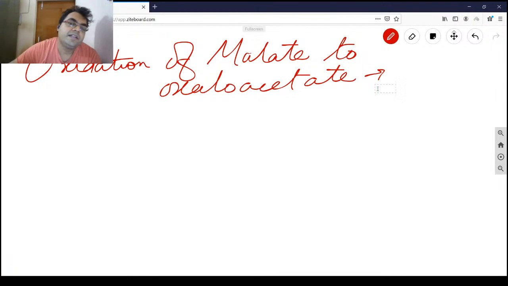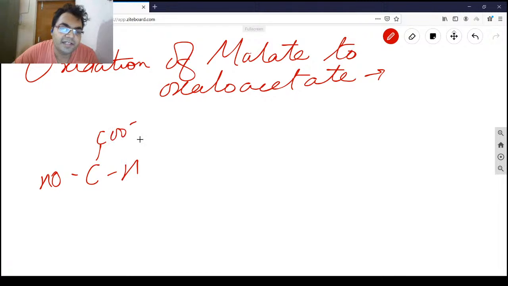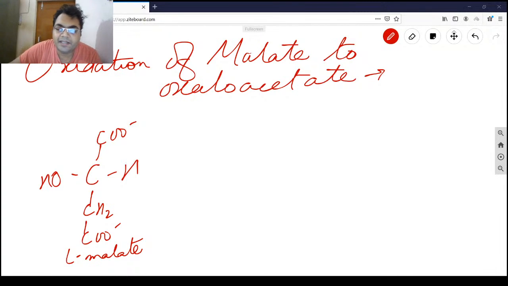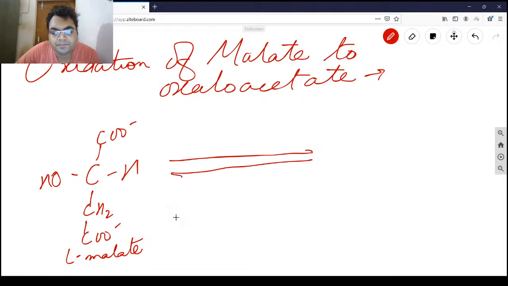Now, oxidation means what? I'll draw L-malate. L-malate is OH, H, and this side will be CO negative. This is our L-malate. Again a reversible reaction, catalyzed by L-malate dehydrogenase.